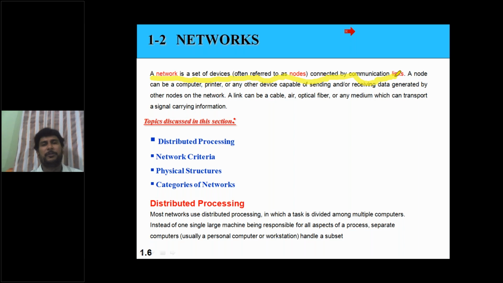Okay. The first term we need to understand related to network is distributed processing. For this, I would like to take a small real-time example. For instance, a few people are preparing for a festival at your house. Once it is a festival, there are a large number of activities. If your mom has to do all the work, it becomes a lot of burden to her and it would take a lot of time.